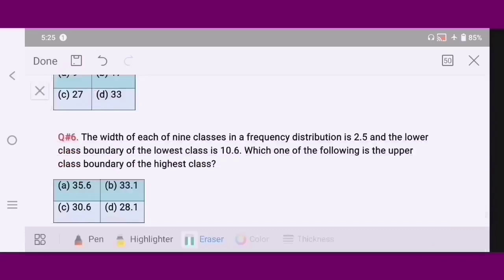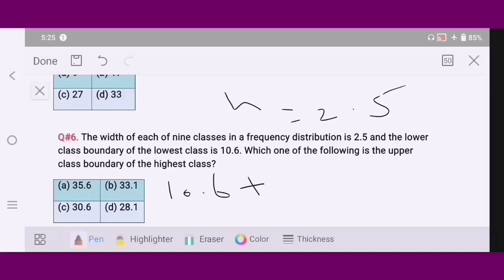We have 9 classes, and h, the class width, is equal to 2.5. The lower class boundary of the lowest class is 10.6. So we are going to find the upper class boundary of the highest class, or the last class.